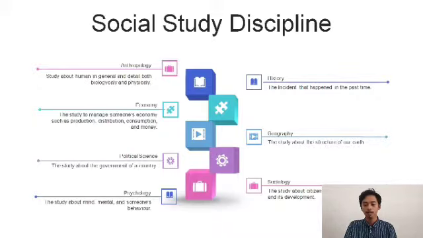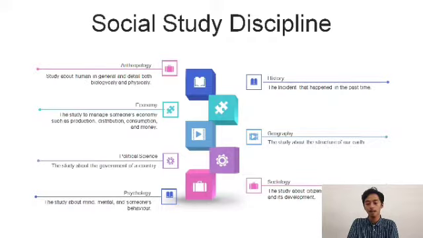Sosiologi merupakan sebuah disiplin ilmu tentang kewarganegaraan, struktur sosial dan perkembangannya. And then the next is anthropology. Anthropology is study about human in general and detail both biologically and physically.